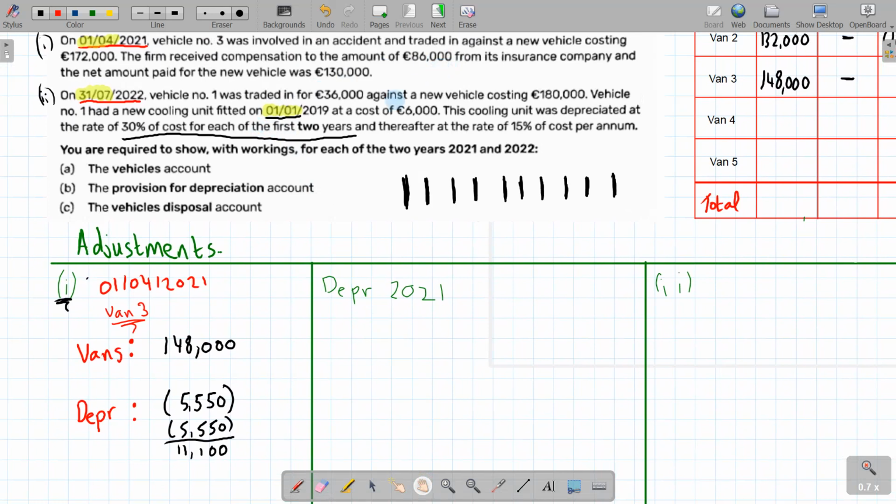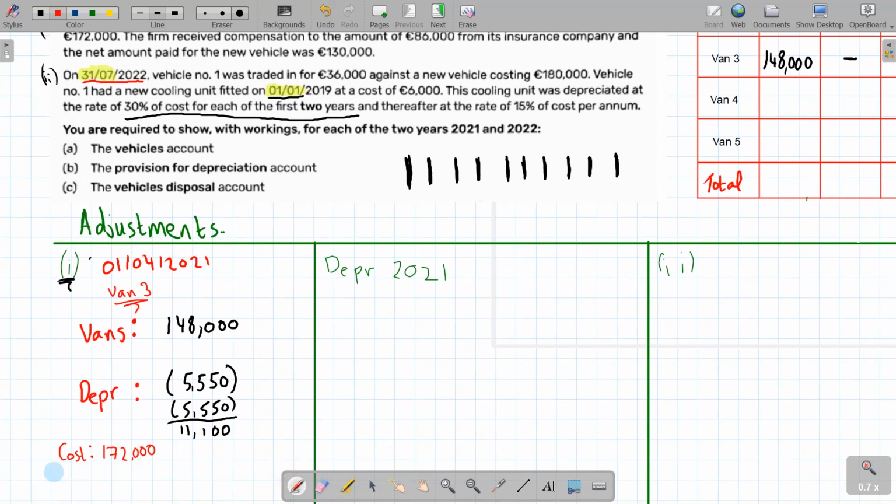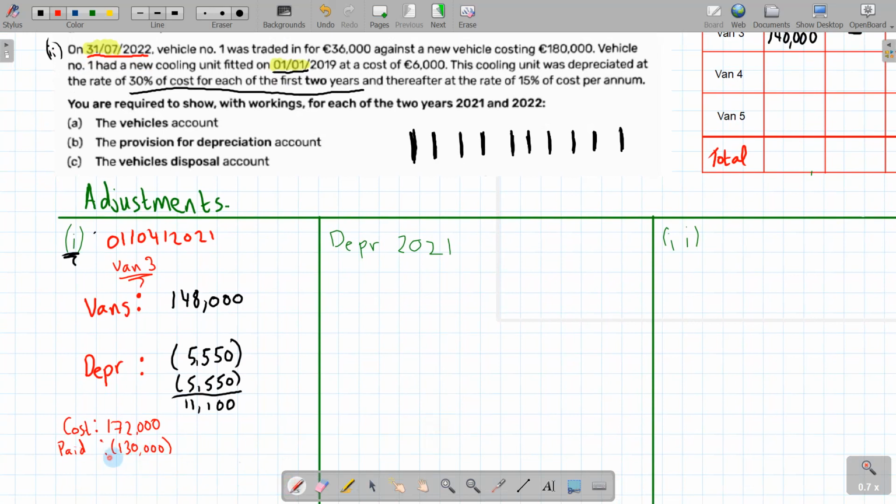The vehicle cost 172,000, but we paid 130,000, which means that 42,000 is what we call our allowance.